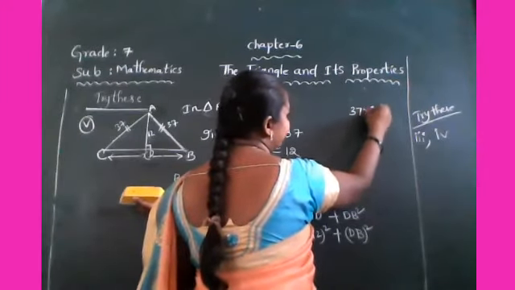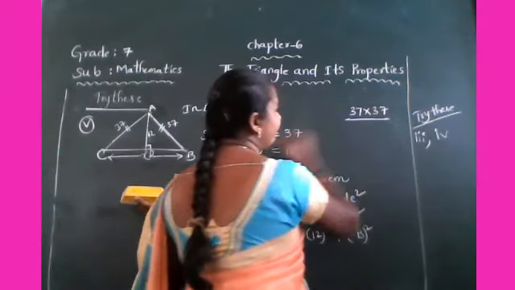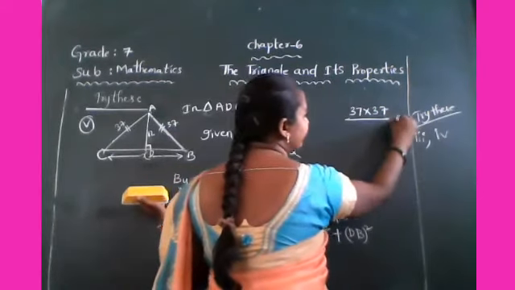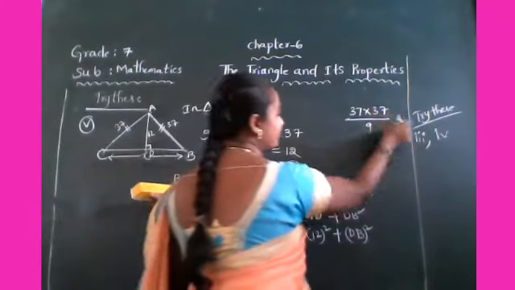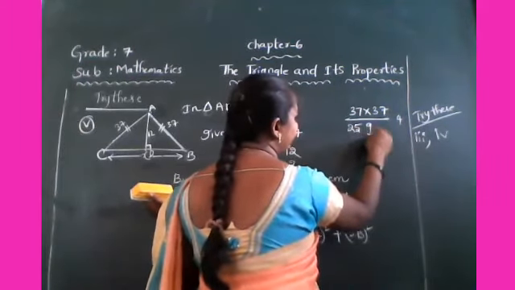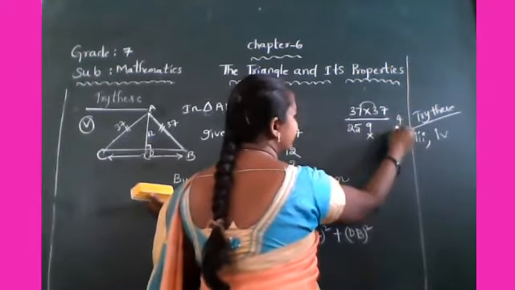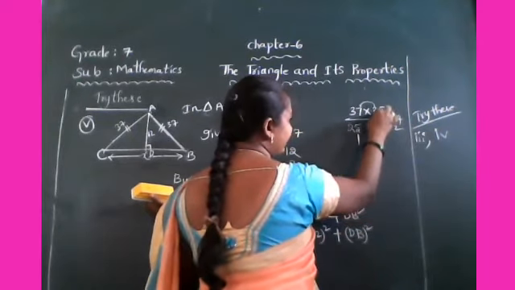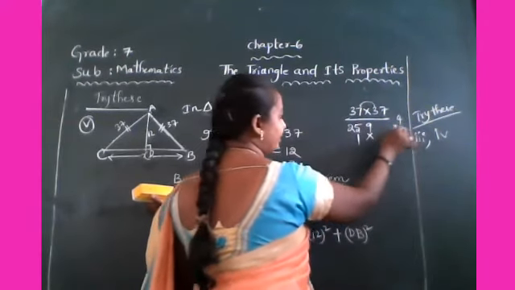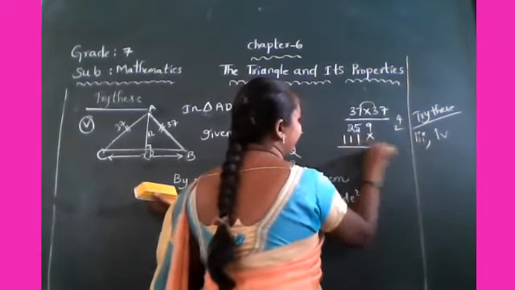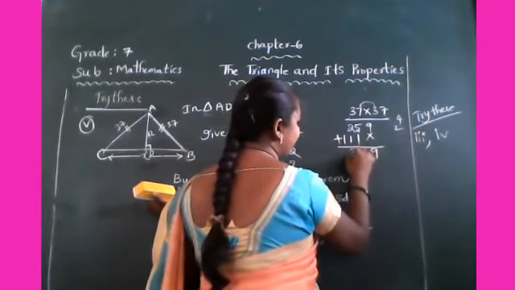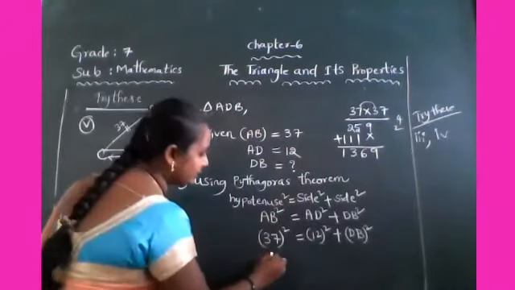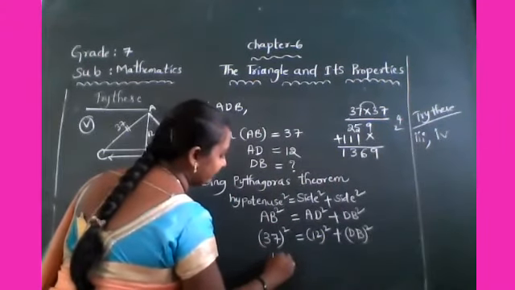So 37 into 37. 7 sevens, 49. 7 threes, 21 plus 4, 25. Next, with the 3. 3 sevens, 21. 3 threes, 9. 9 plus 2, 11. So do addition: 9, 6, 3, 1.